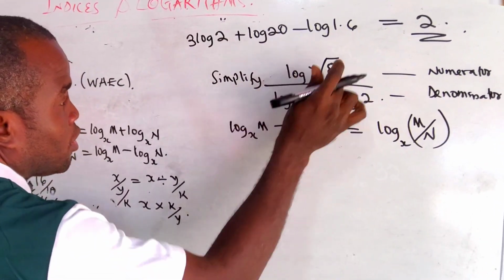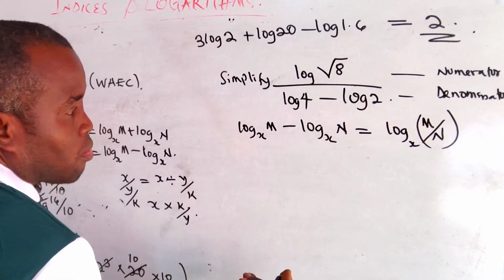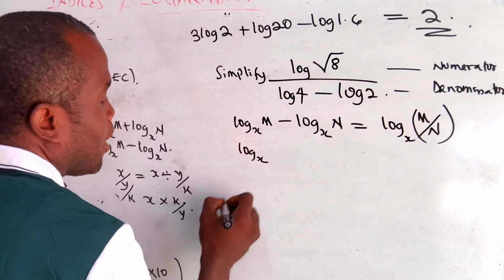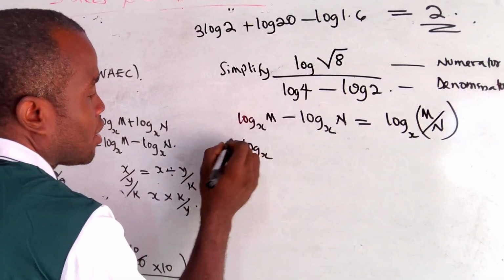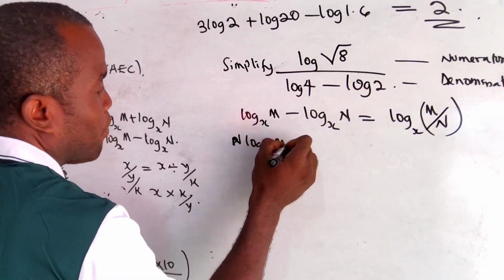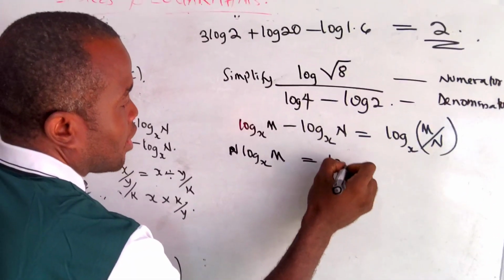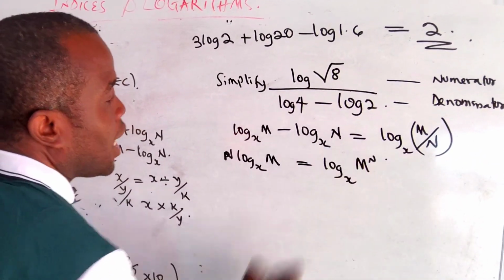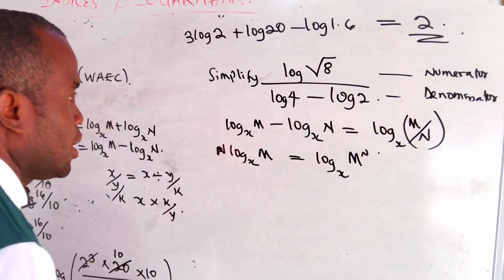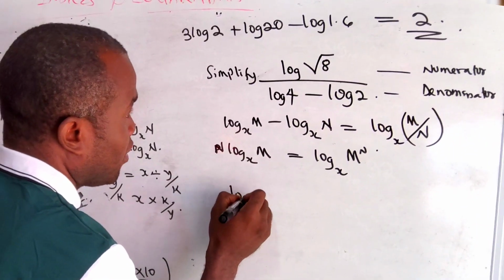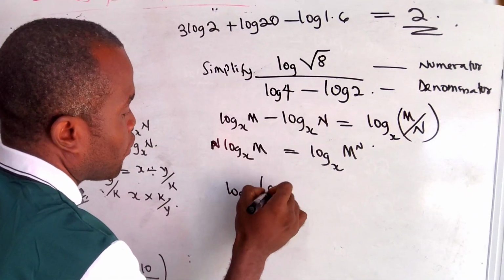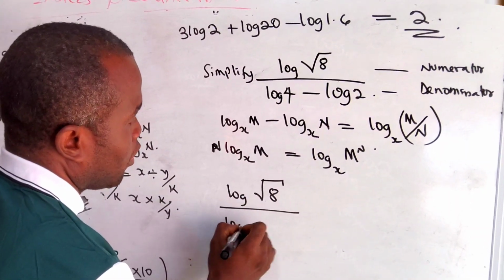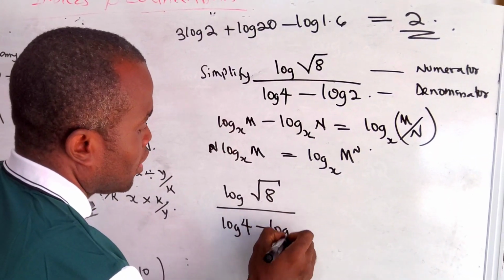Now for the numerator, remember you have this: log x of m raised to power n is the same thing as n log x of m. So let's treat them individually. Now you have log square root of 8 all over log 4 minus log 2.